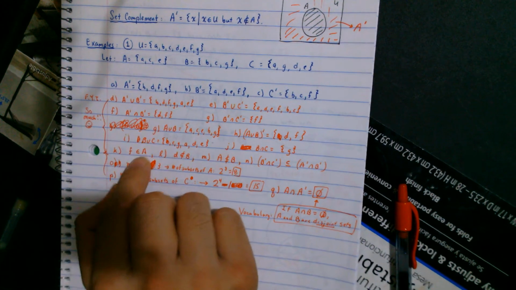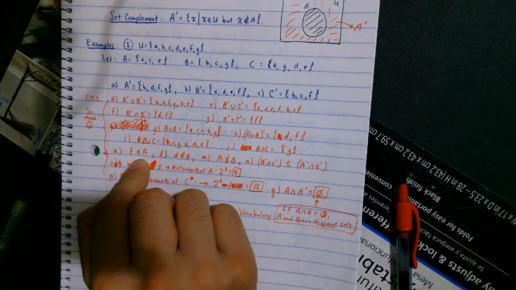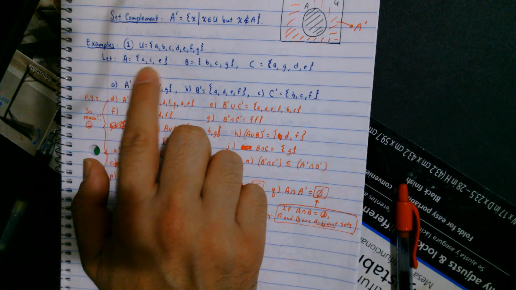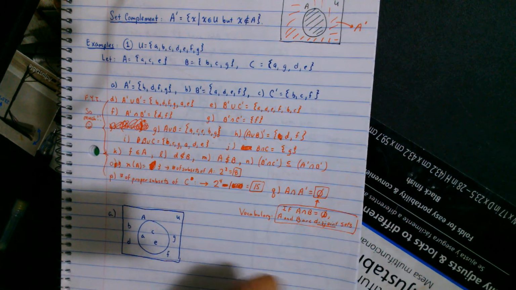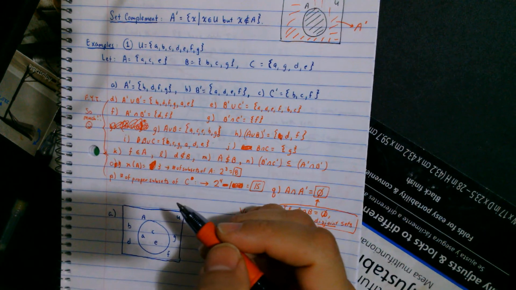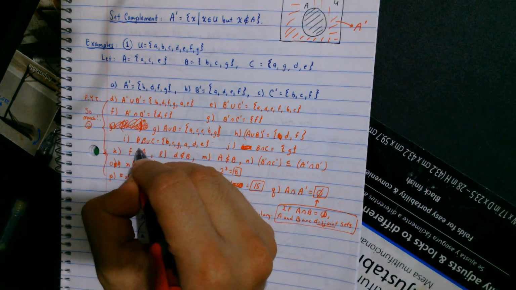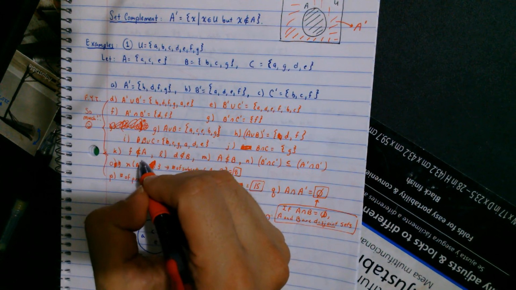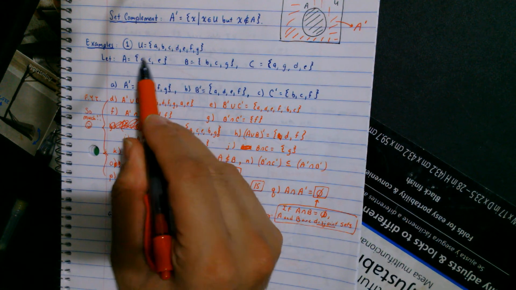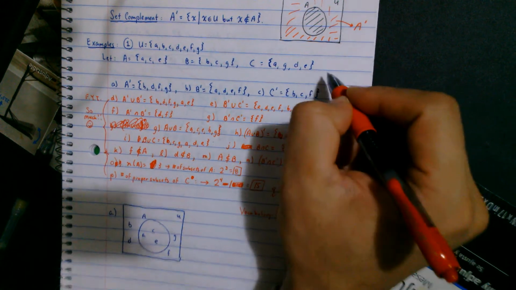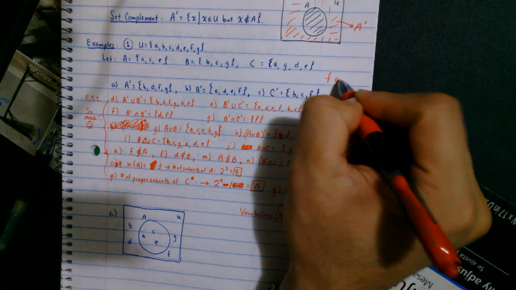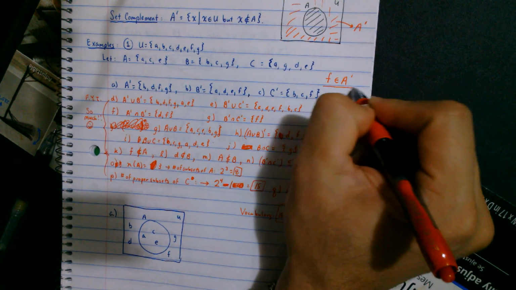Just for your knowledge here, A is here. It's this guy right here. F is an element of A. That's not true. But if I change this to not an element of, that would be true because F does not live in A. However, I could say F is an element of A complement.